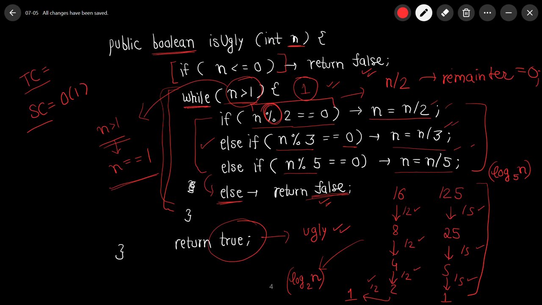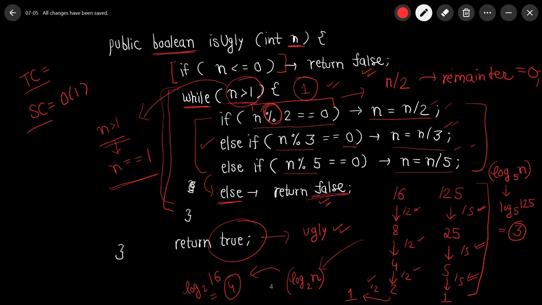You can cross check also. Here n is 125. So log 125 base 5 is nothing but 3. And indeed, we perform 3 steps only. And similarly here also you can check. n here is 16. So log 16 base 2 is nothing but 4.